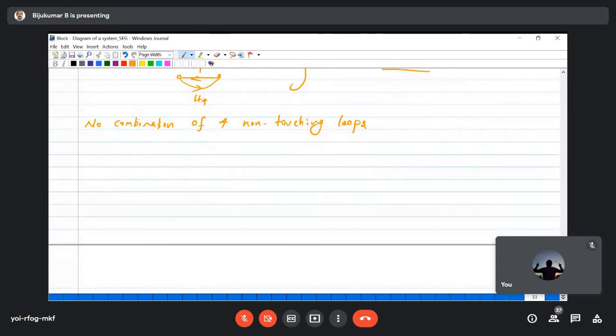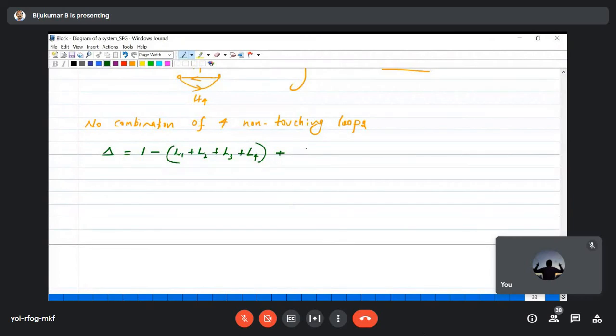Delta can be written as one minus sum of the loop gains. We have 4, right? So it is L1 plus L2 plus L3 plus L4 plus sum of the gain product of two non-touching loops.